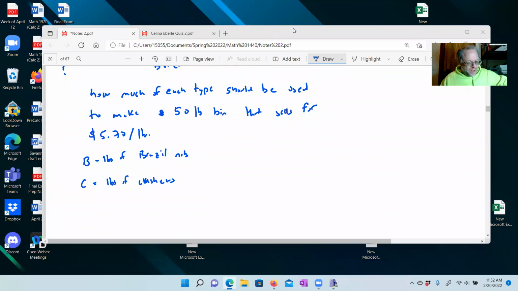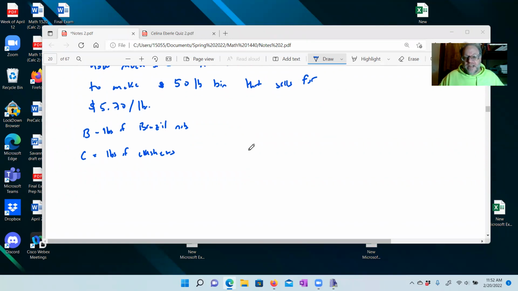We declared our variables, Brazil nuts and cashew nuts. So we're going to have an amount, this is just a total, number of pounds. B plus C, pounds of Brazil nuts plus pounds of cashew nuts, has got to be 50, how many we were trying to make.